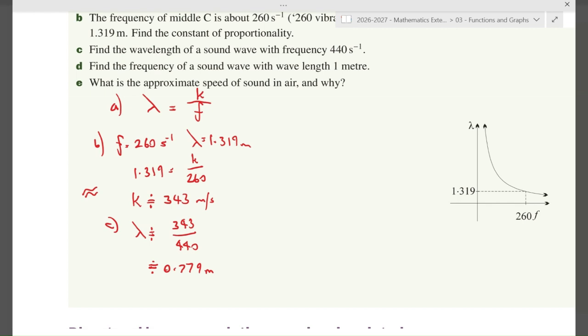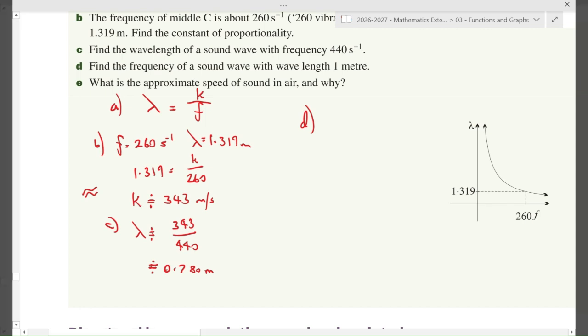Beautiful. Excellent. Then question D says find the frequency when it's got a wavelength of 1 meter.